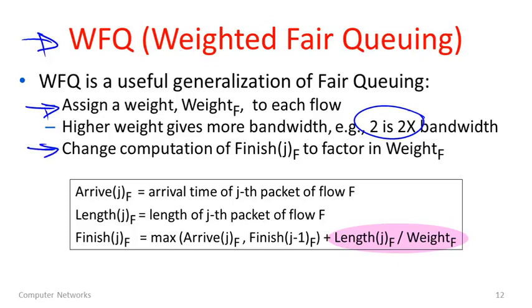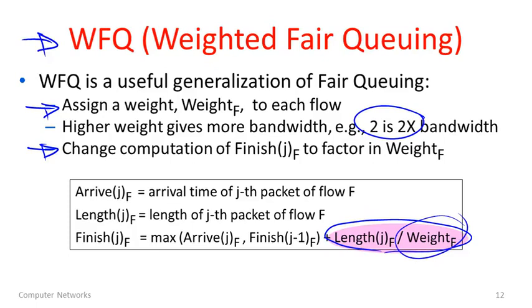To do this, we need to update our formulas for computing the finish time. And the only change we need to make is this change shown here in pink. We need to factor in the weight. So what we do is we take the start time at which we can start sending the packet, and instead of adding the length, we add the length divided by this weight. This weight is a normalizing factor.